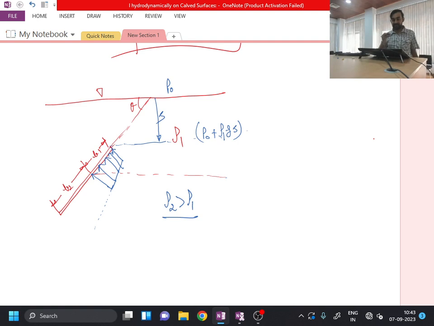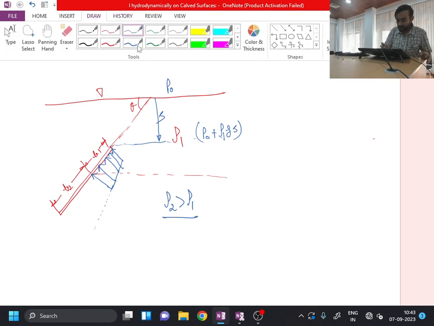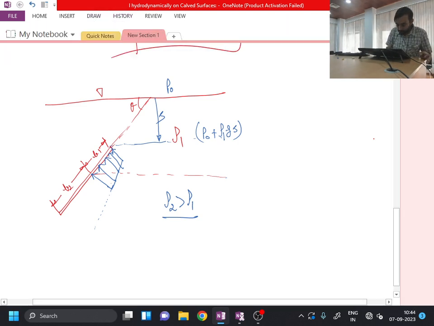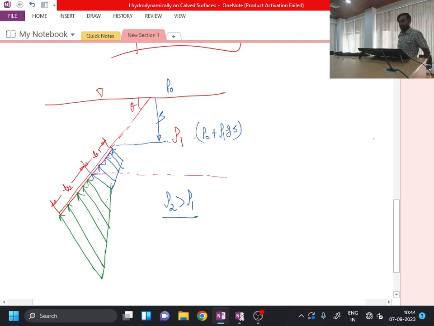So the slope of the pressure change will increase, and ultimately my pressure distribution will be something like this. So this is the new pressure distribution over here.